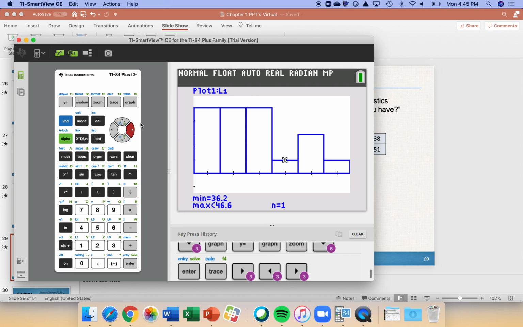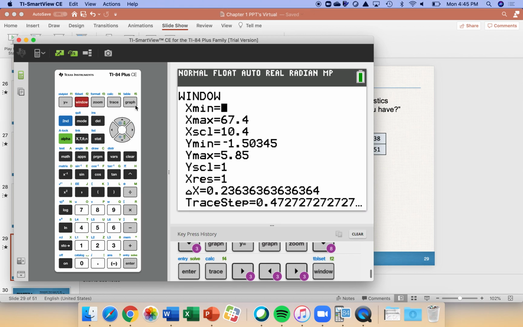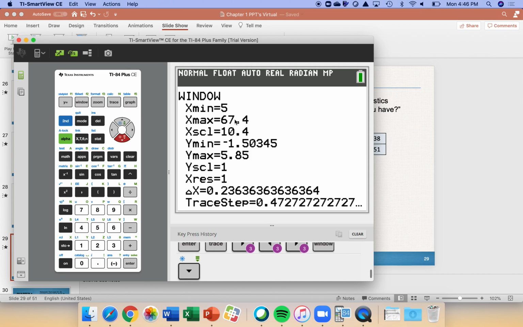Okay, so if I wanted to change the width of each of these bars, I can go into my window and I can look at my X min and X max. So let's just say my min was 5, and let's go down to my max, which I'll make 70.